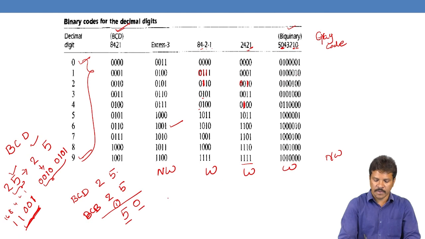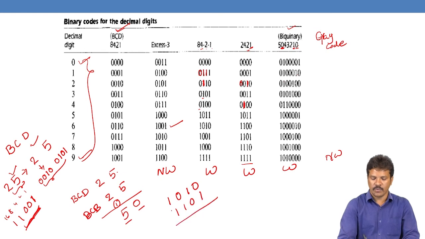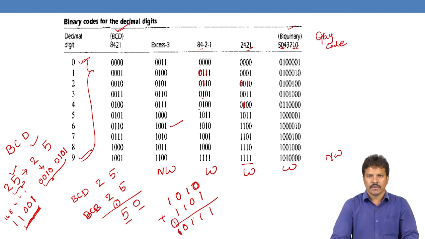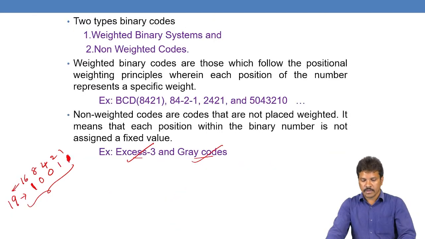If you take two numbers, 1010 and 1101, when we add these two numbers, 0 plus 1 is 1, 1 plus 0 is 1, 0 plus 1 is 1, 1 plus 1 is 0 with an end carry 1, giving 1 0. When we perform this operation using BCD, it is different: when the result exceeds the range, we add 6 to this number.